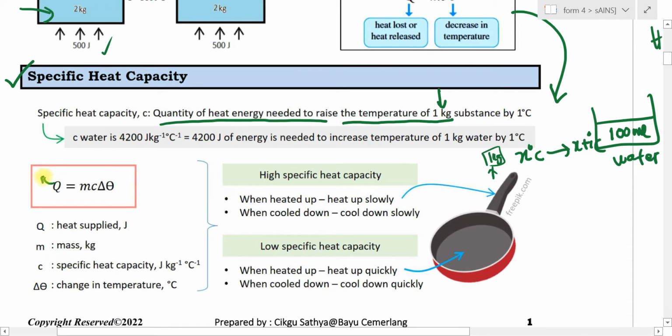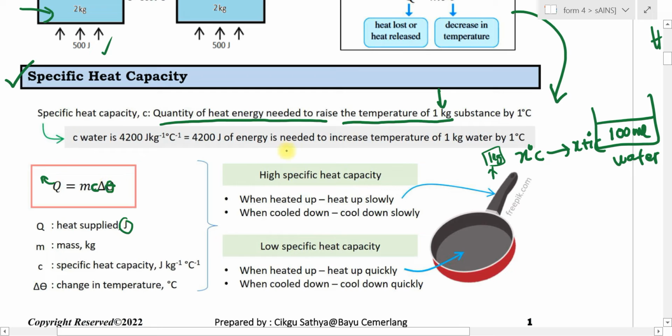Remember, Q tu adalah heat energy. Jadi, joule dia punya simbol, unit dia. Mass multiply specific heat capacity multiply the change in theta. Change in theta maksudnya perubahan temperature. The big temperature minus the small temperature. Maximum temperature minus the minimum temperature.